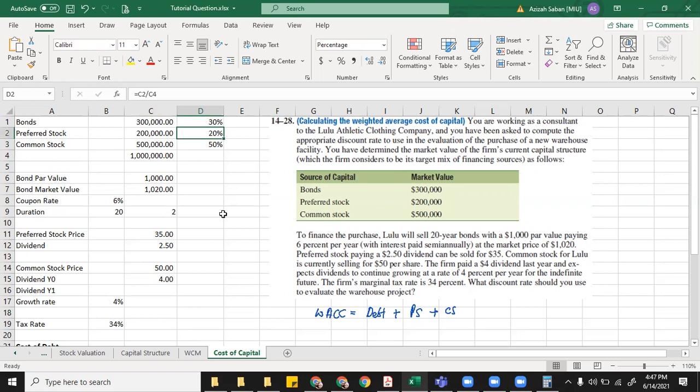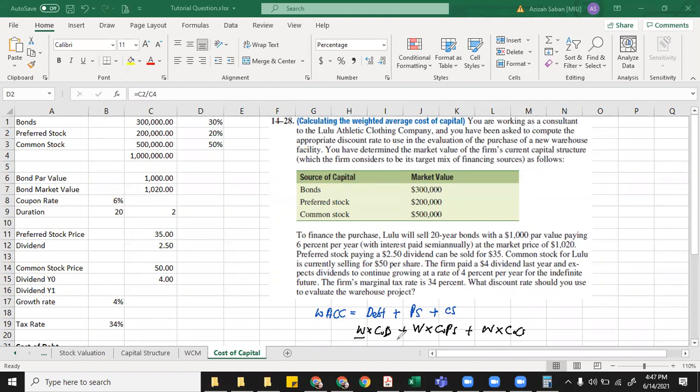All right, we already have the weightage, because if you look at the formula, it requires us to calculate, if you break it down, W, the weightage of debt, multiplied by the cost of debt, plus the weightage of preferred share multiplied by the cost of preferred share, plus the weightage of common stock multiplied by the cost of common stock.